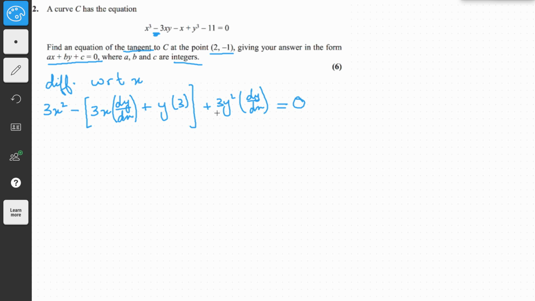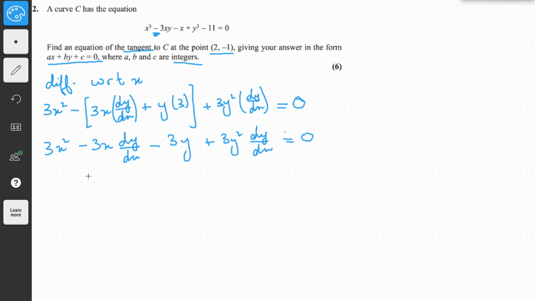Now, after expanding this, I'm going to get 3x squared minus 3x dy/dx minus 3y plus 3y squared dy/dx equals 0. I'll put the dy/dx terms on one side and the rest of the terms on the other side.